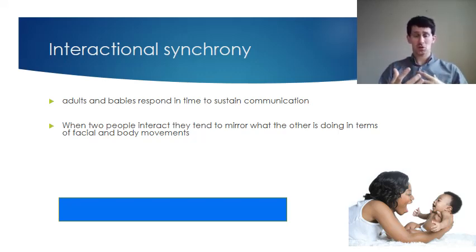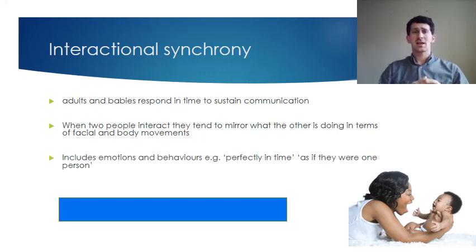So they'll copy facial movements, they'll copy bodily movements as well. And this could be emotions, it could be behaviours. So you might see, for example, an infant and a primary caregiver being perfectly in time with each other, or as if they were one person. It's sort of like a conversation between the two of them, and they'll be copying each other's facial movements, expressions.